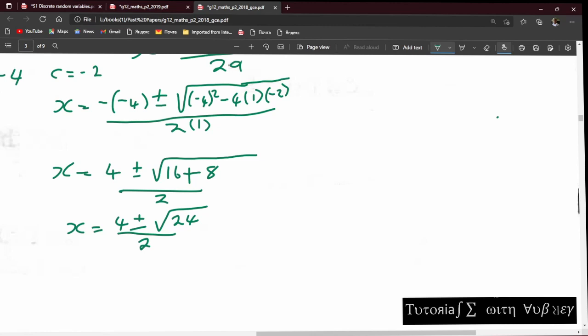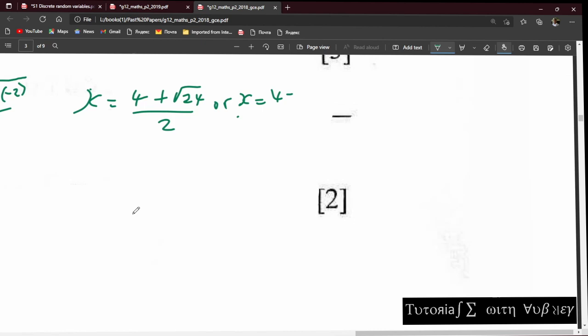All right, so from here you will need to separate. You see there is a plus or minus there, so you work the positive first alone and the negative secondly alone. So you say x is equal to 4 plus root of 24, divided by 2, or x is equal to 4 minus the root of 24, divided by 2.